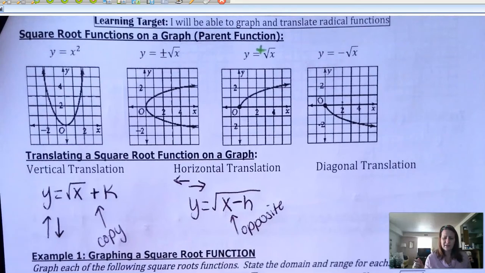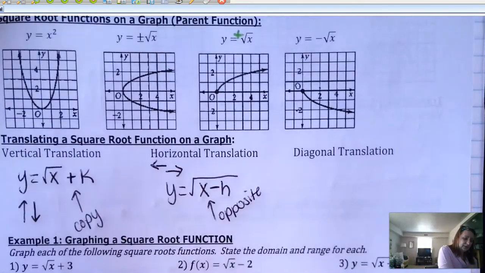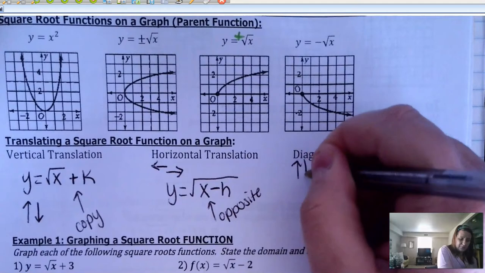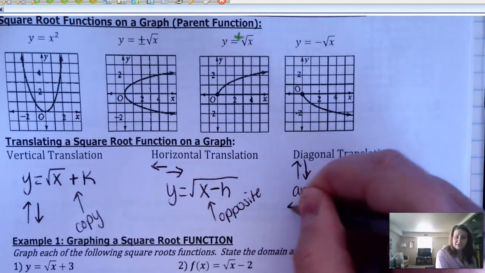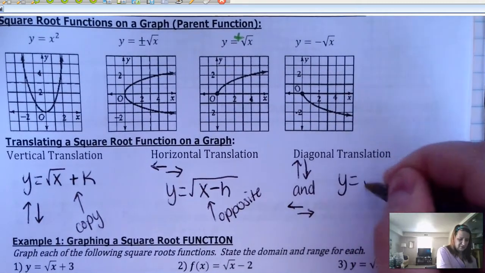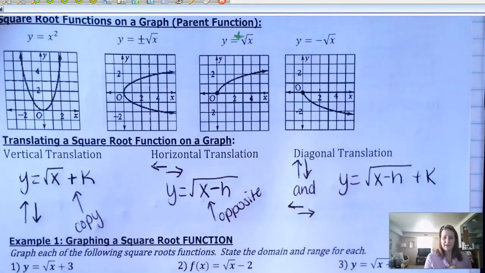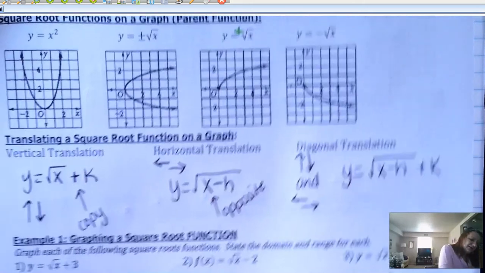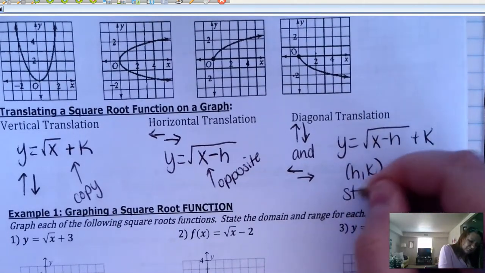And then for your diagonal translation, that's going to be a combination of up or down and left or right. So we would have both together. That's going to look like this: square root of x minus h, and then plus k on the outside. And then the h, k is going to be your starting point.